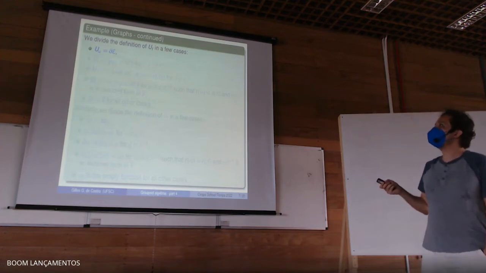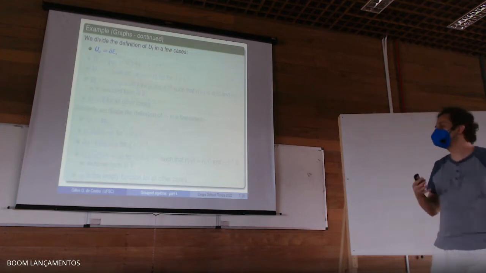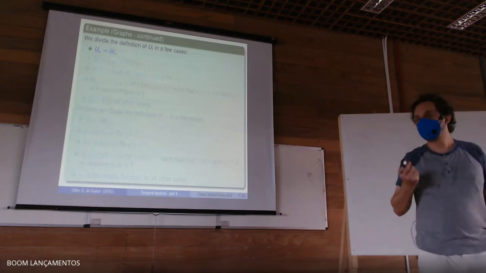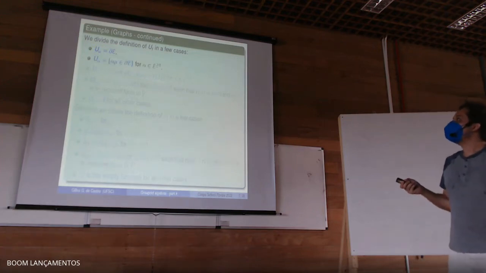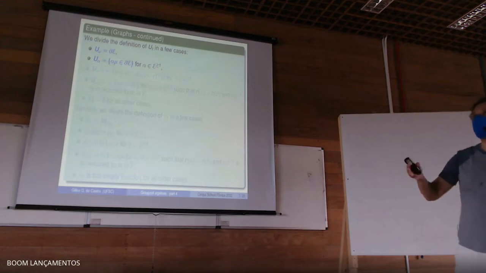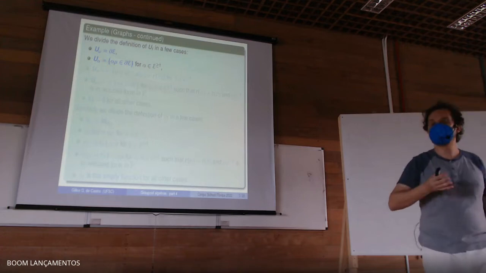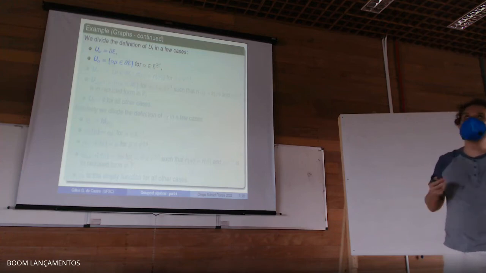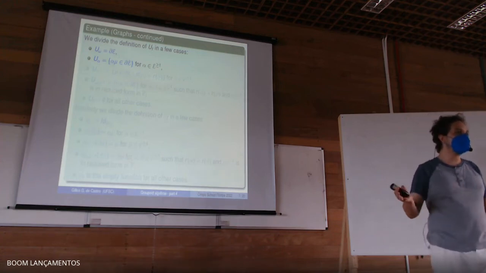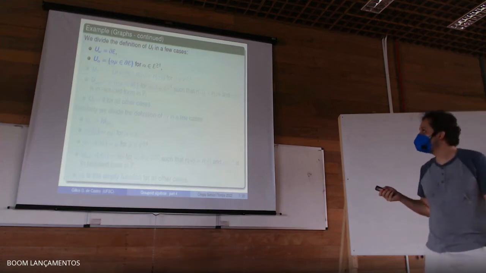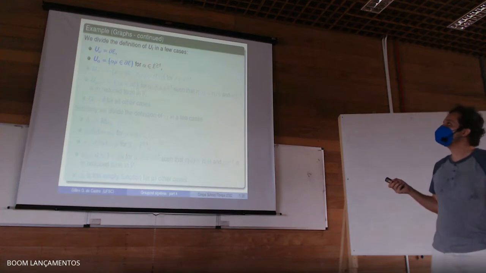So first of all, for the empty word, since it is the identity, it should be the whole set. That's fine. Now, as I said, the inverse wants to cancel out what it starts with. We don't only do this for an edge, but we can do this for any path of positive length. So take alpha of positive length.